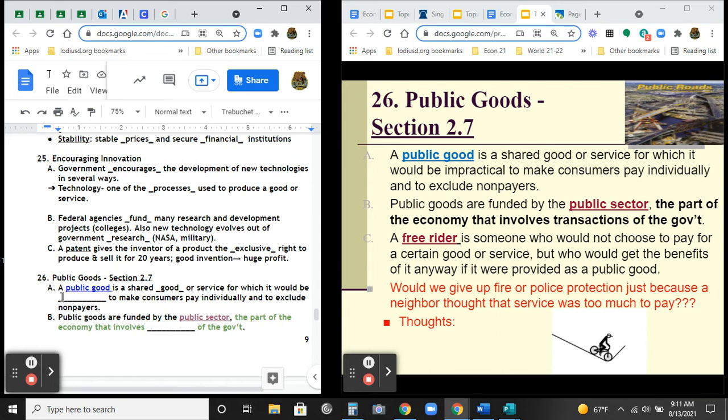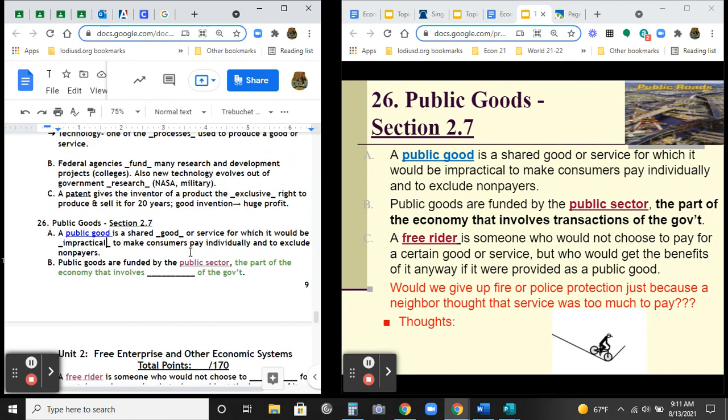Would it be impractical for consumers to pay individually? Say you're on a road out in the country, with one person that connects to that road. It might be too expensive for that one person to afford, even though it's the one person that benefits. But the person that takes the mail out there, the person that provides power, water, cable, Wi-Fi, they still need to get there too.